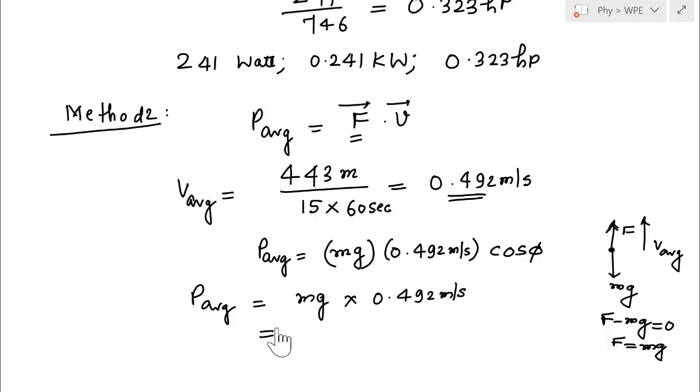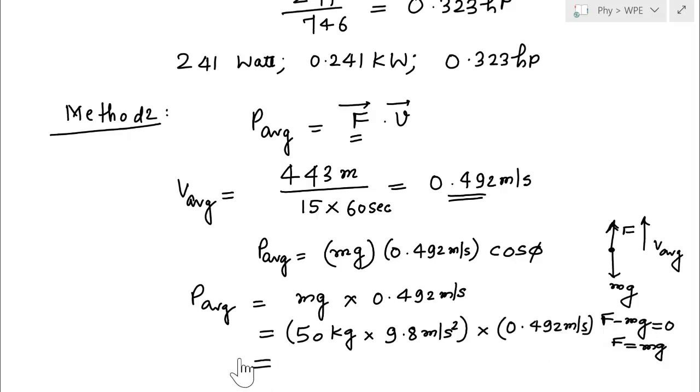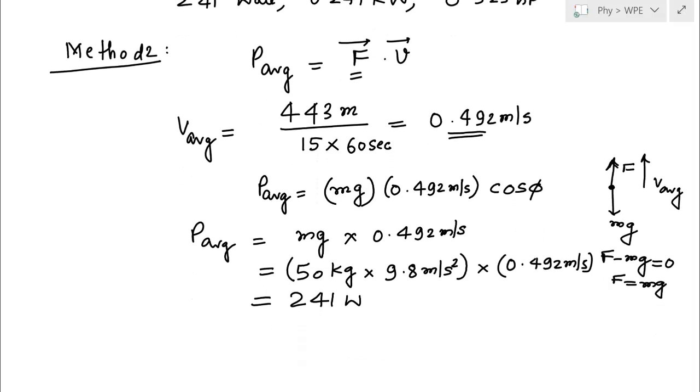Now mass is given, that is 50 kg, and gravity is also given, that is 9.8 meter per second square, and then you multiply this by 0.492 meter per second. If you calculate, again this value will be 241 watt, and you can convert this into kilowatt or horsepower as we calculated in method 1.